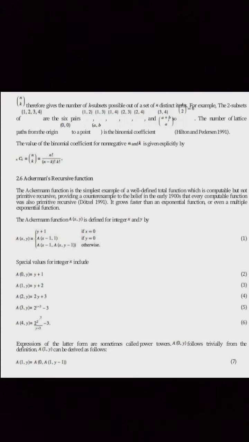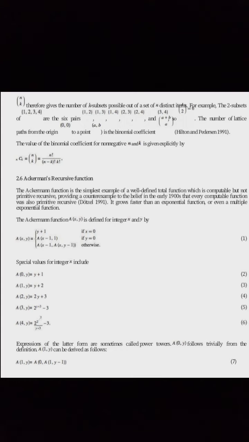Now let us see Ackermann's recursive function. The Ackermann function is the simplest example of a well-defined total function which is computable but not primitive recursive, providing a counterexample to the belief in the early 1900s that every computable function was also primitive recursive.